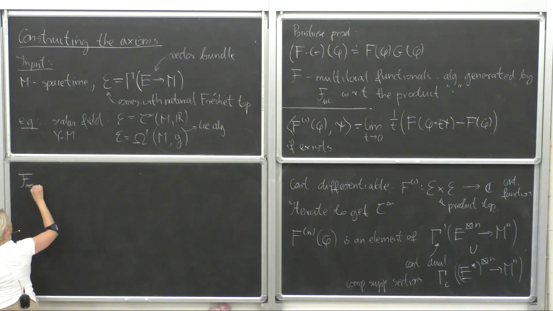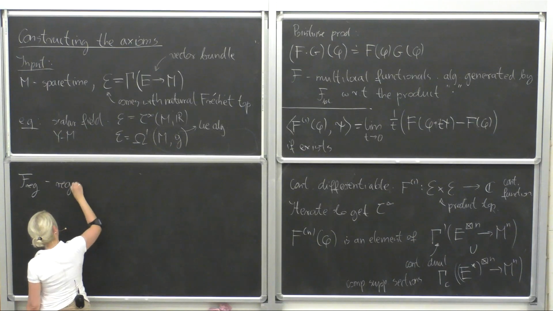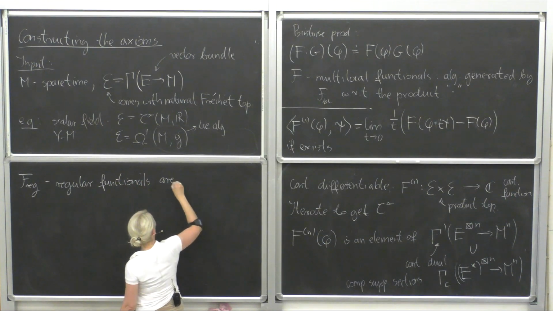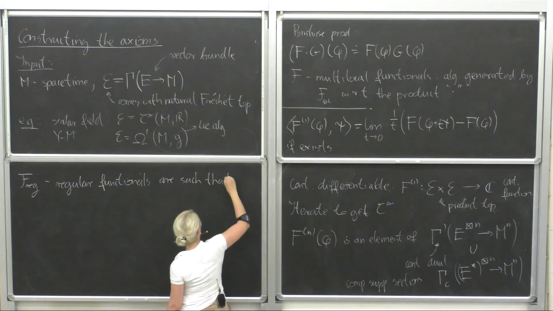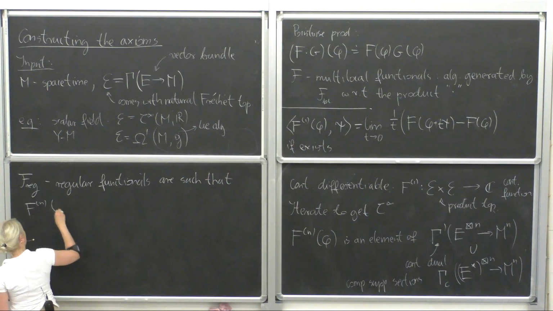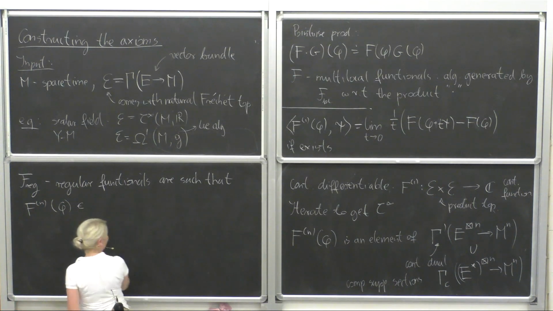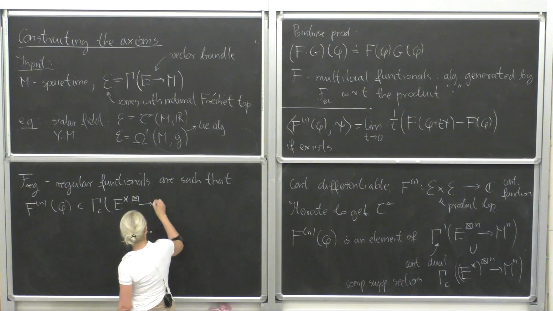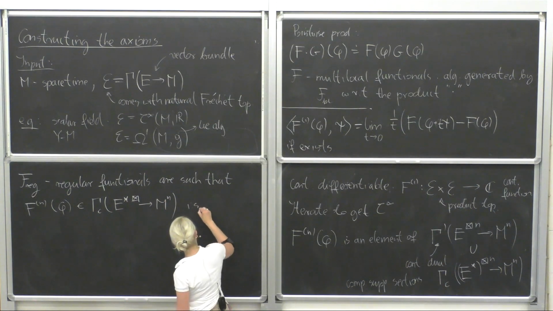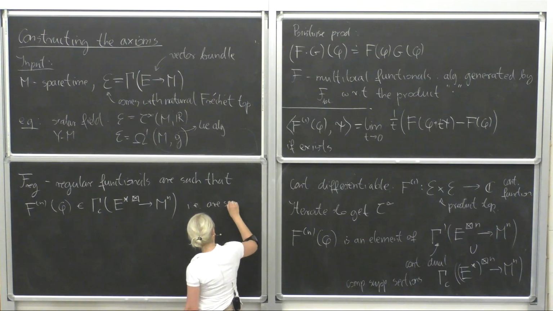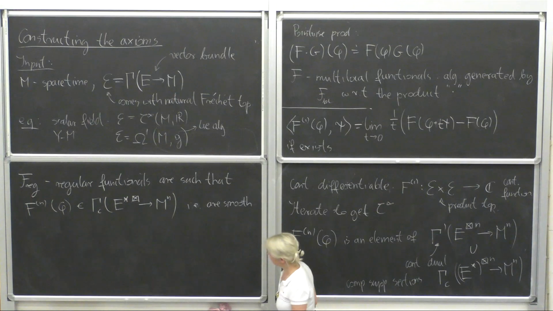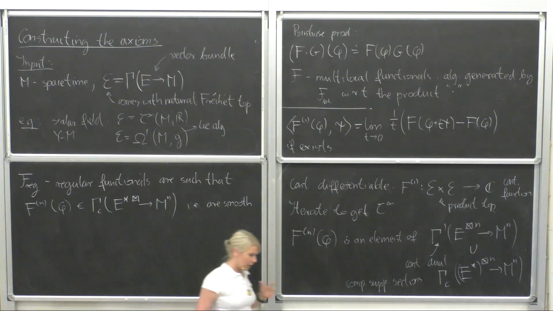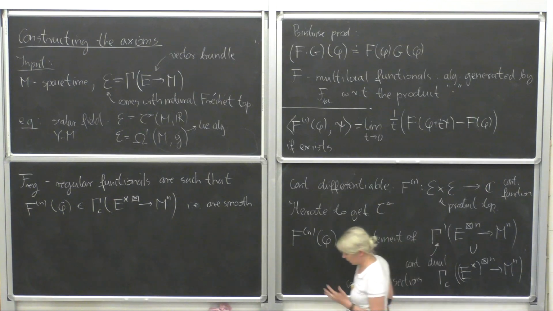So the space of regular functionals are such that all these derivatives F^(n) of phi, as elements of the space of sections of the dual, are smooth.